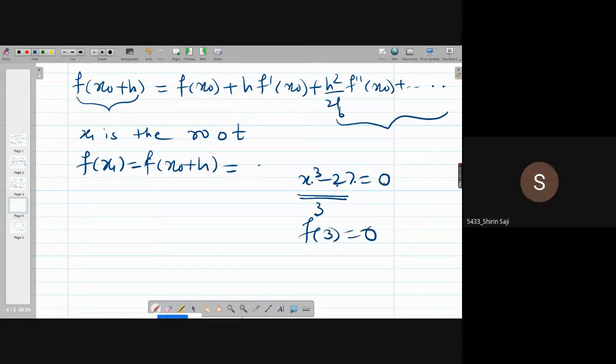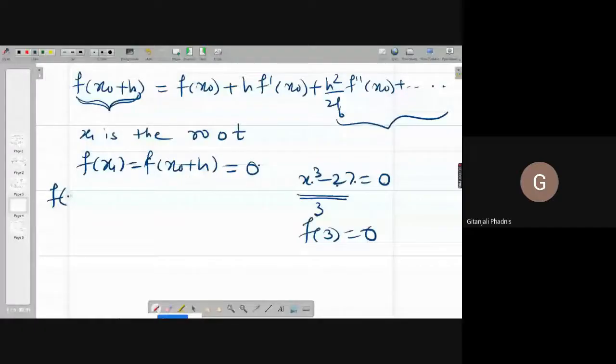Yes, ma'am. Are you getting the point? Yes, ma'am. So this f of x naught, if x1 is the root, then we will consider this as 0.